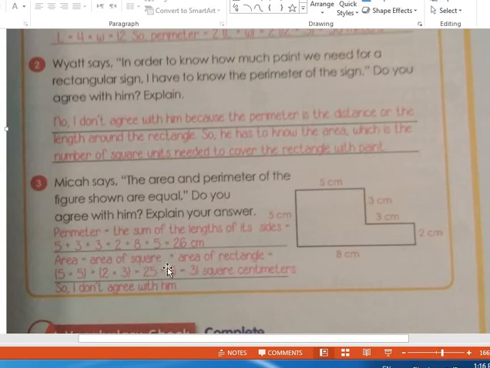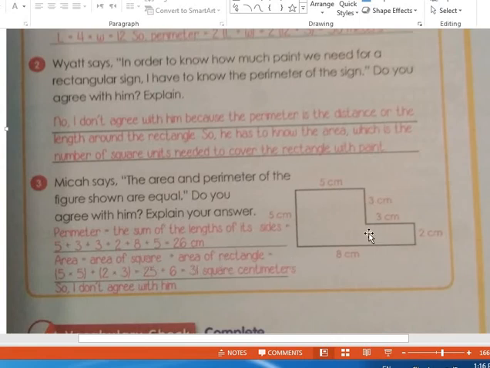Area of square and area of rectangle. I can't draw it now, but here will be a small rectangle and here will be a larger square. So I have area of square and area of rectangle.